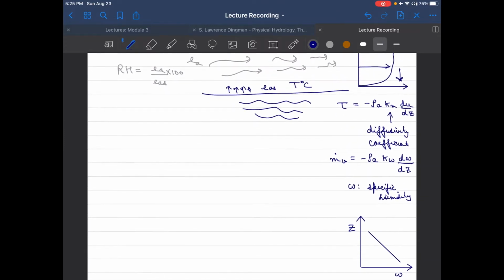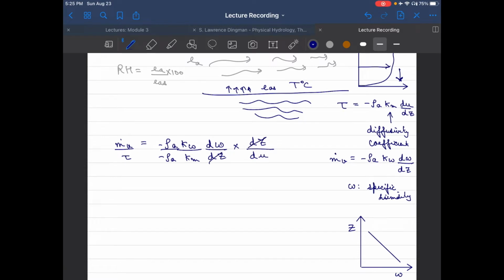Now we will use these two relationships and let us try to take a ratio. So if we write m dot v upon tau, this comes out to be minus rho a kw d omega upon dz, and then it would be divided by minus rho a km, and then dz can go here, and in the denominator we can have du.